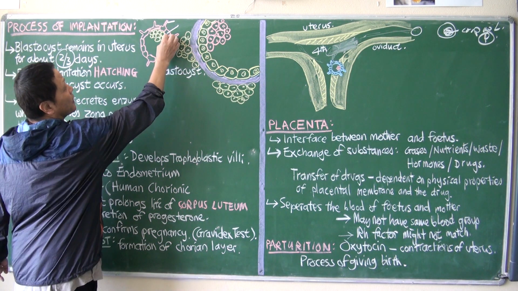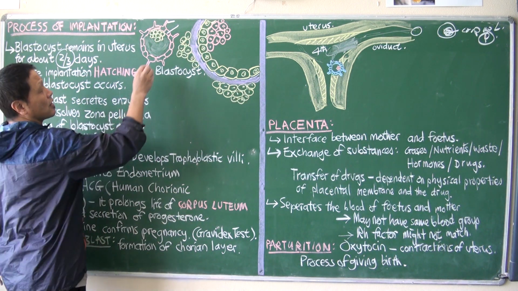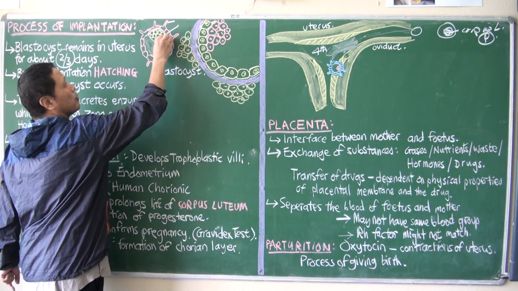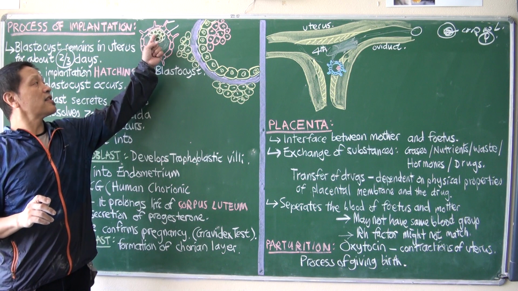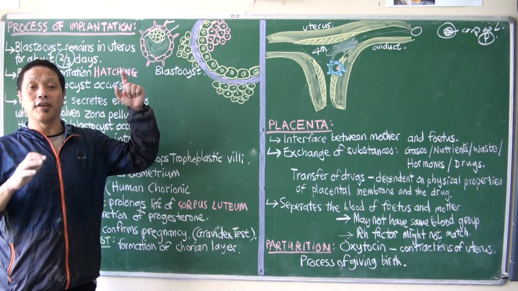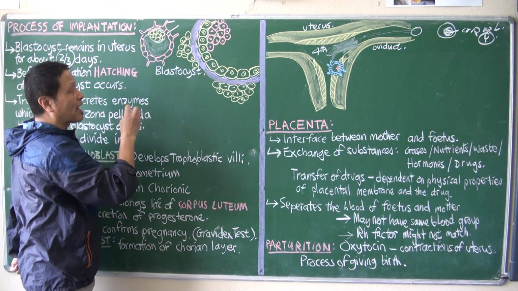Then it has this fluid-filled cavity known as the blastocoele. And this yellow mass of cells actually forms the embryo. It's also known as the embryoblast.